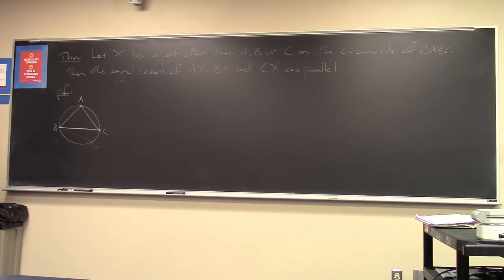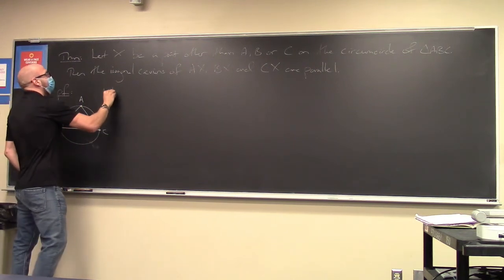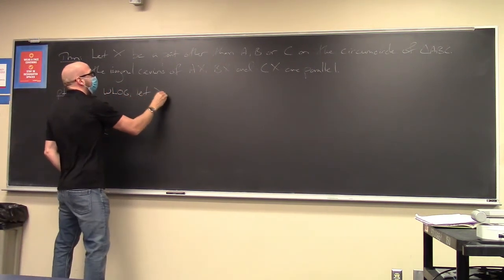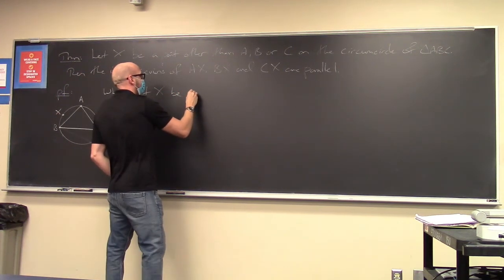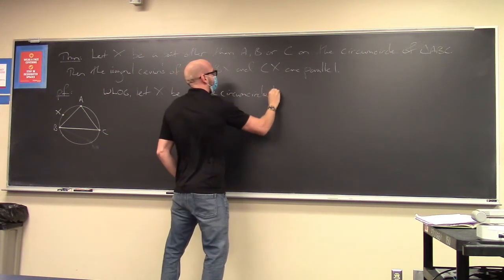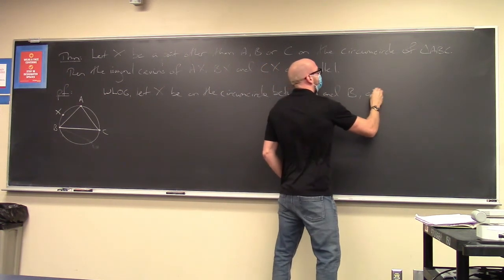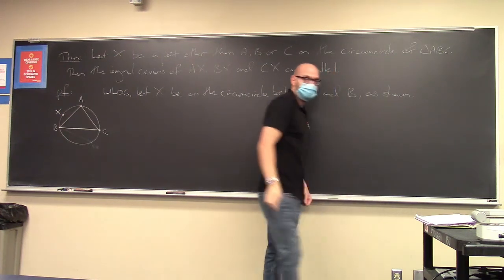And I'm going to choose a point X on the circumcircle that's not one of the vertices of the triangle. And as you'll see as we go through this proof, it doesn't matter where I choose X to be either. So X is going to be either between A and B, B and C, or C and A. Without loss of generality, we'll assume it's between A and B. So without loss of generality, let X be on the circumcircle between A and B, as shown.